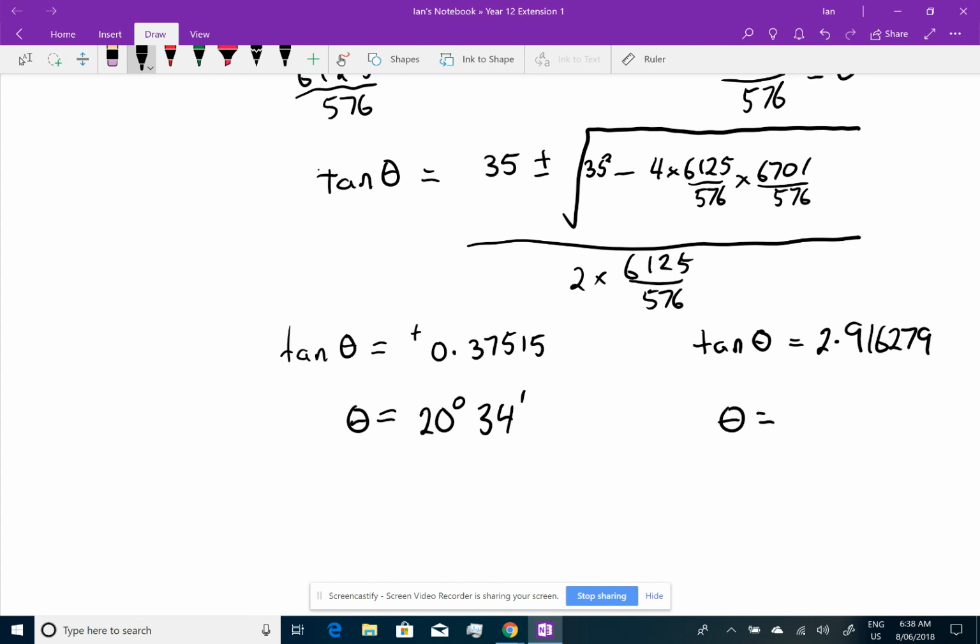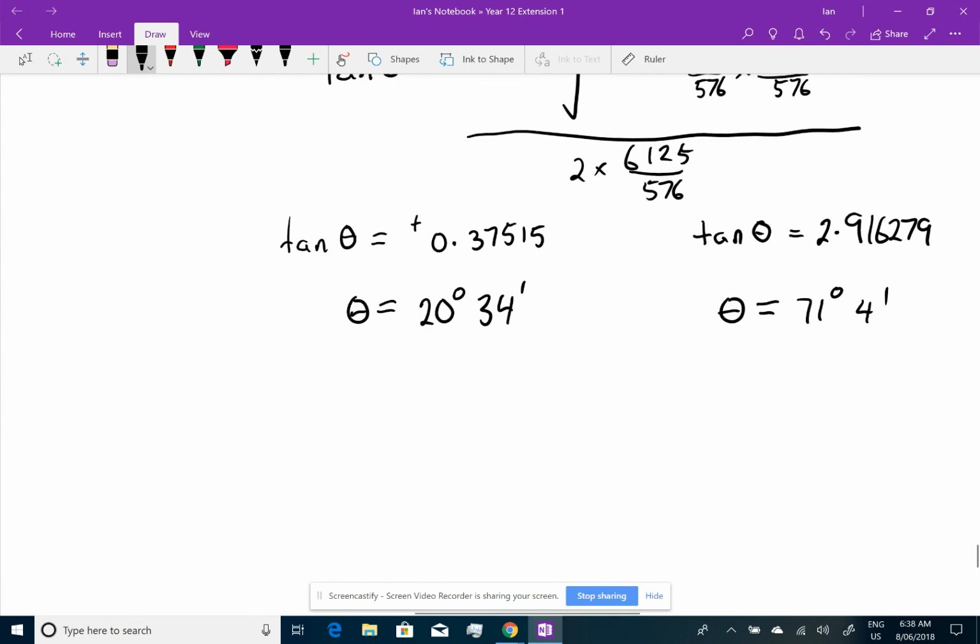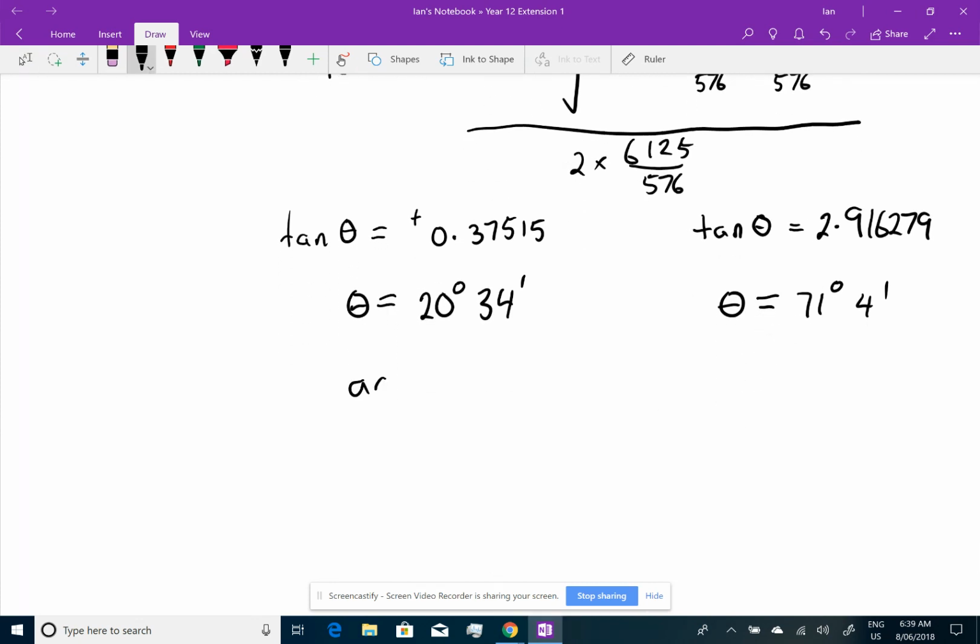And you inverse tan this and you get 71 degrees and 4 minutes. Now we need to take the acute angle, not the acute angle, they're both acute. We need to take the angle less than 45. The angle must be less than 45 degrees. Therefore, theta equals 20 degrees, 34 minutes. So there you go. That's that one.